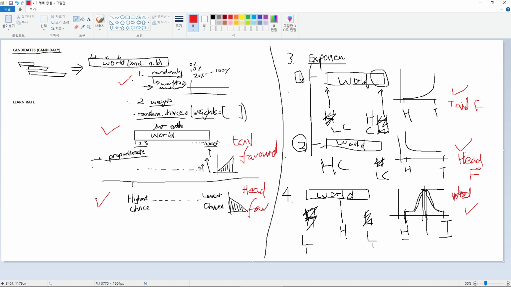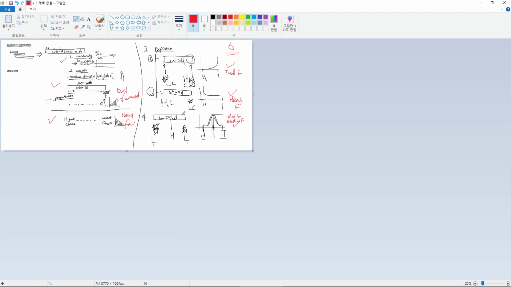Median, or should I just spell it mid? That's so bad. Oops. This is mid favored, or median favored. That's how it is. So there are 1, 2, 3, 4, 5, 6 ways of doing this. So that's for the candidates or candidacy.